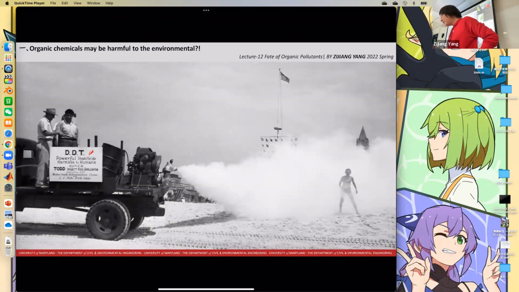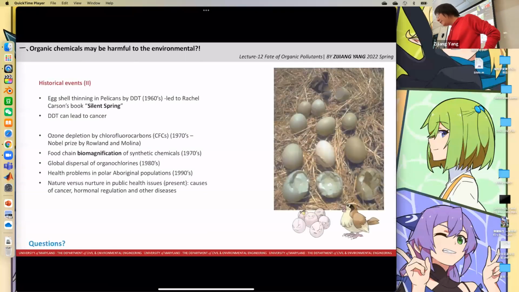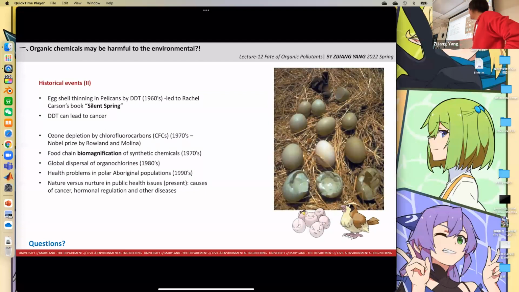And because of the widely spread of DDT in the environment, we can imagine we have so much of the DDT staying in the soil or in the environment. And because of this, as time goes, we find some negative effects of DDT.